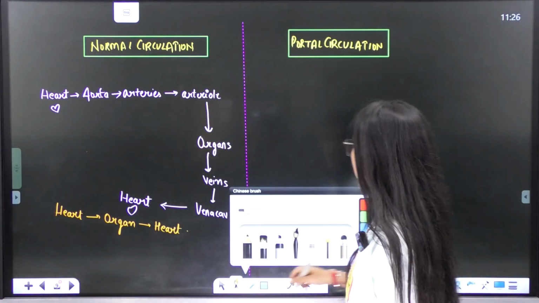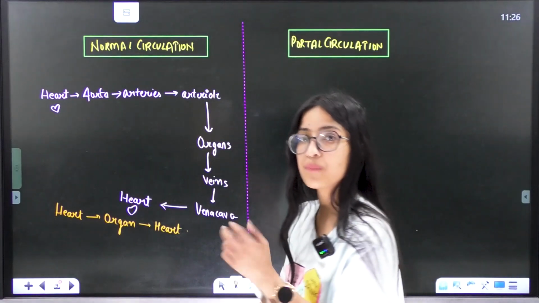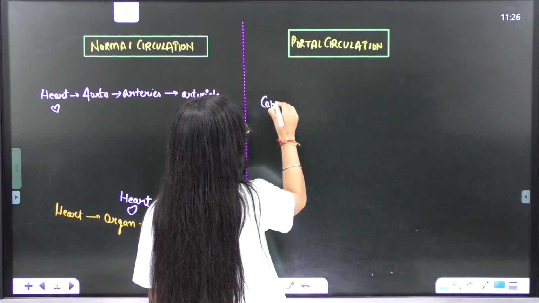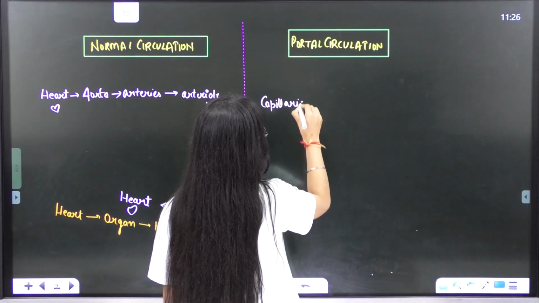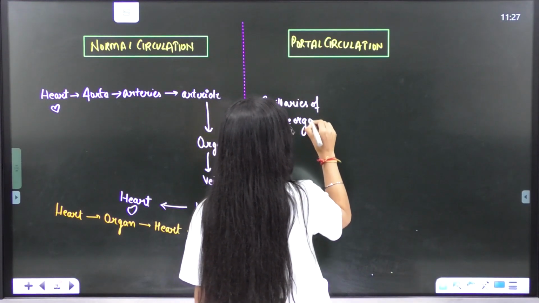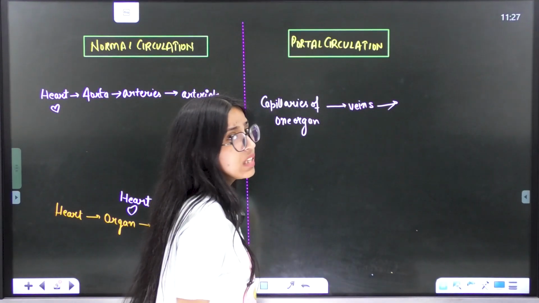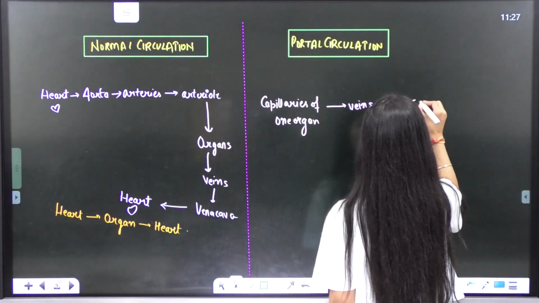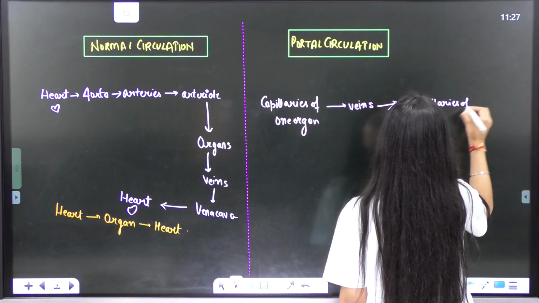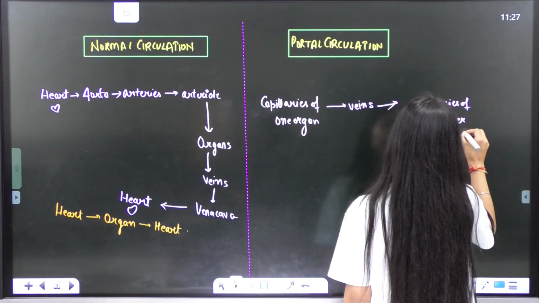Now, what about portal circulation? Listen carefully. Capillaries of one organ give blood to veins. Now these veins give blood to capillaries of another organ.